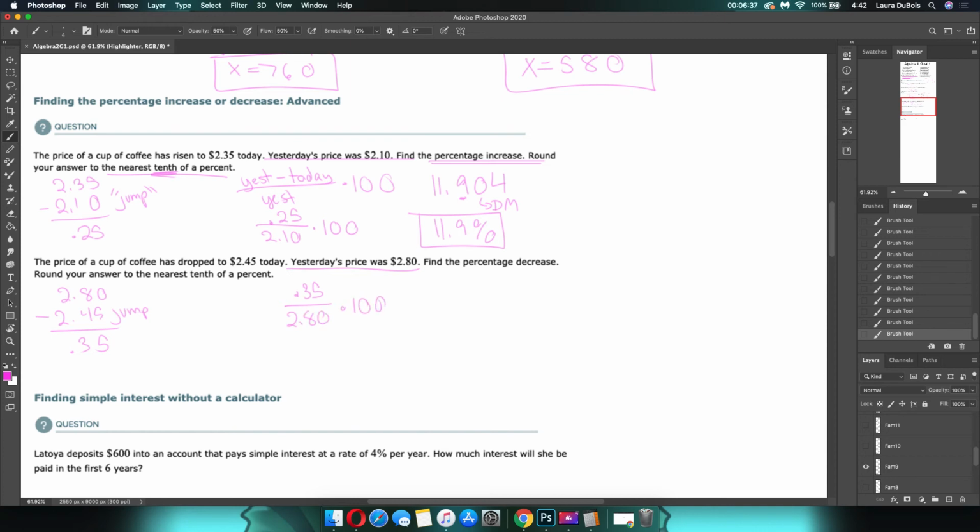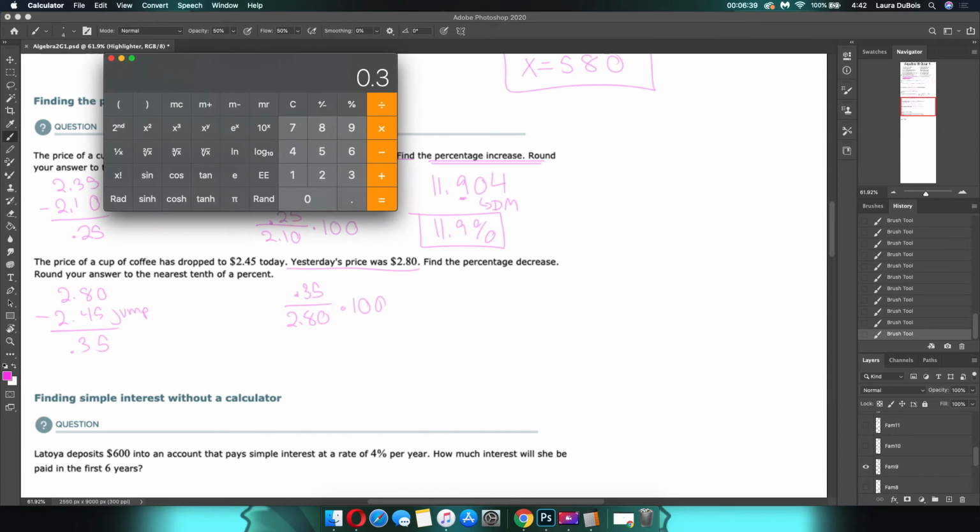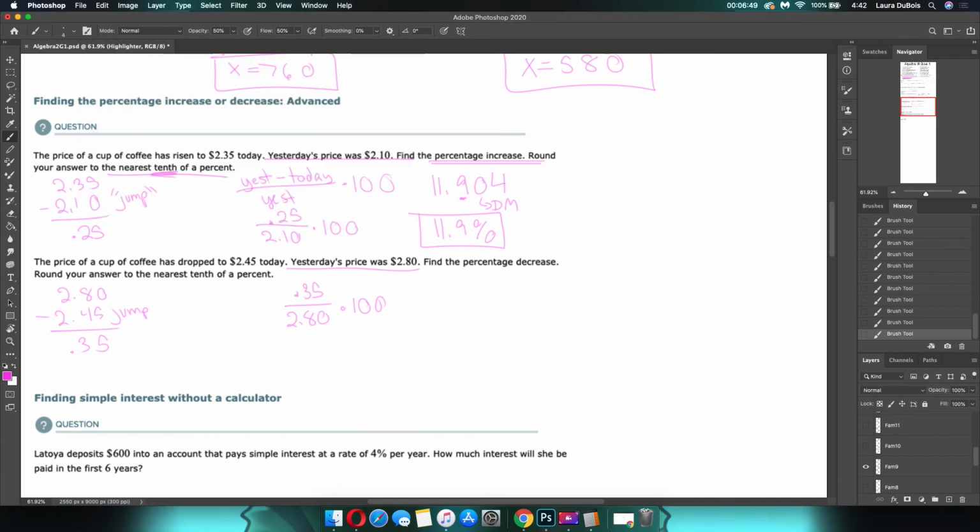Okay, so 0.35 divided by 2.80 times 100 equals, oh, they're nice to us, 12.5%. That is, I think, the first time in years of using this software we got a nice, easy, happy decimal. That will never happen again.